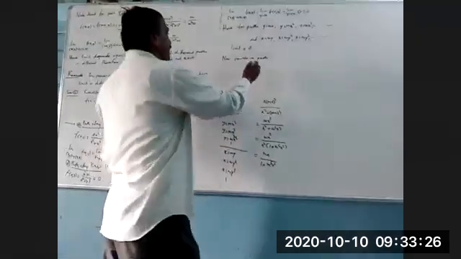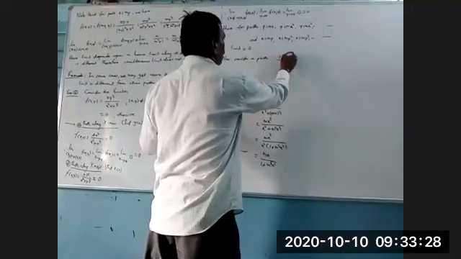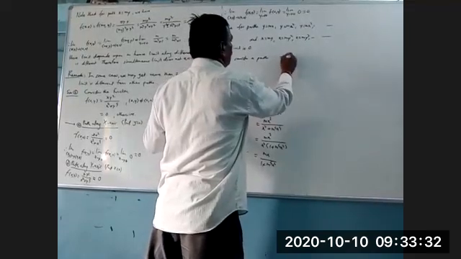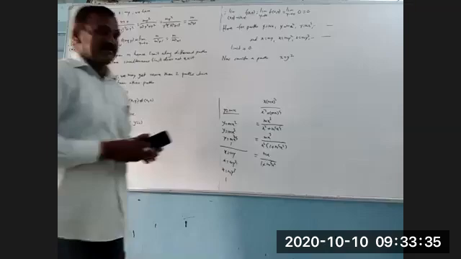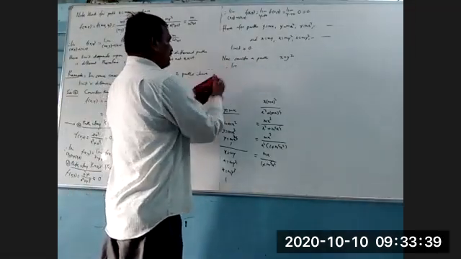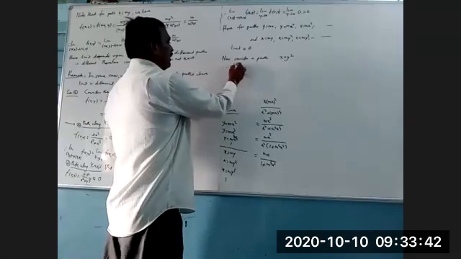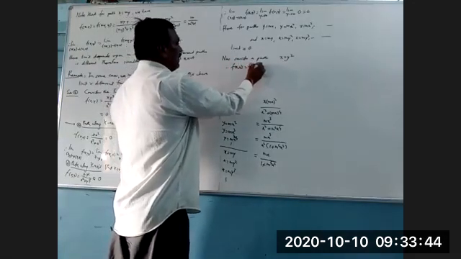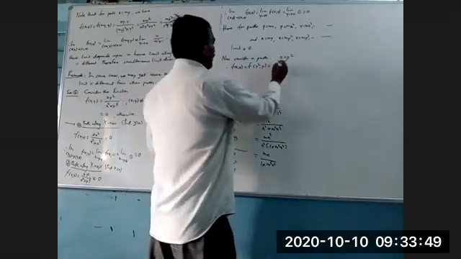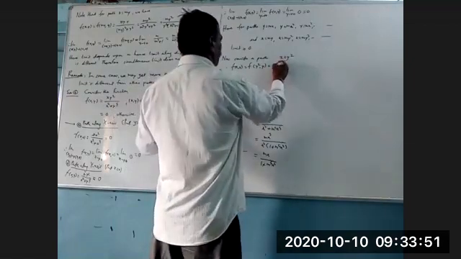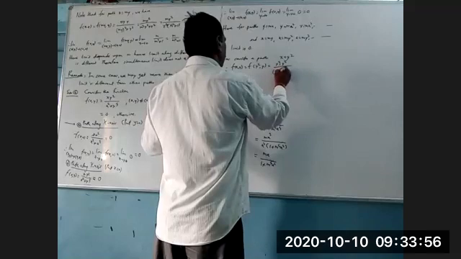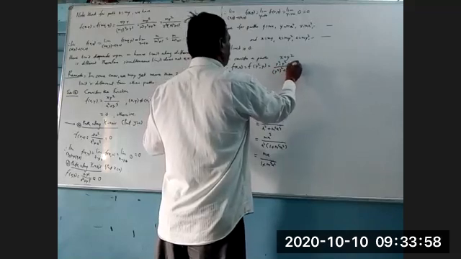For that purpose, consider x is equal to y square. Therefore, what will happen? Function f of xy is equal to, x is y square, so that is y square into y square upon y square squared plus y raised to 4.